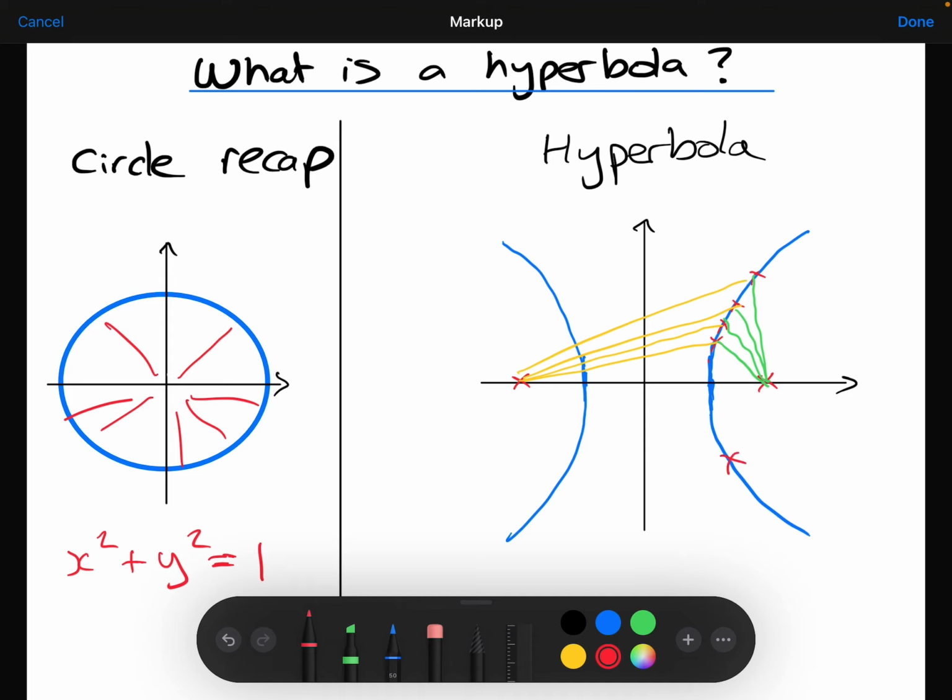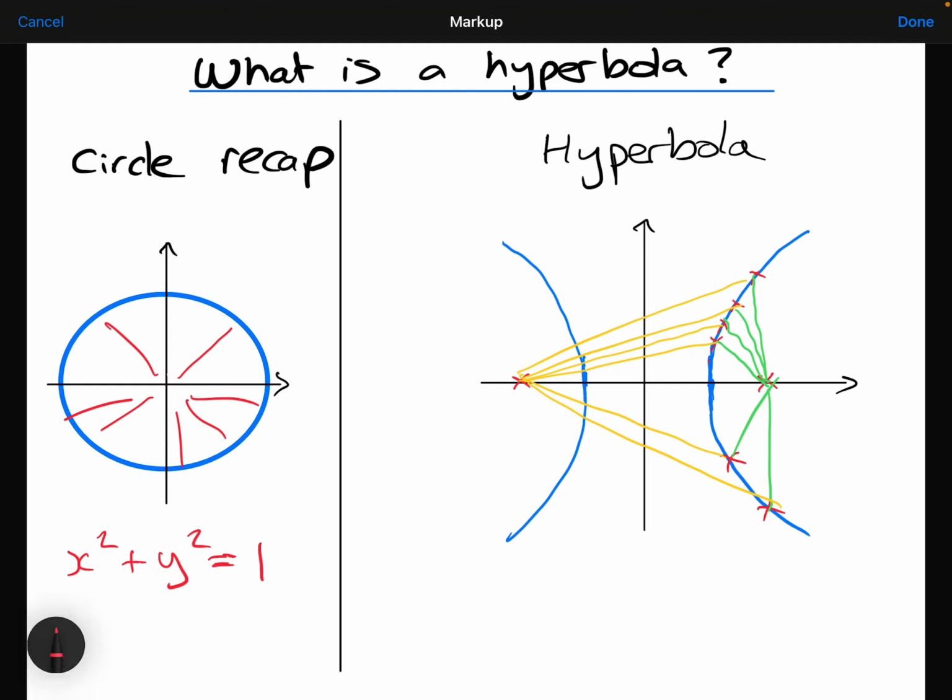Basically, for any point on the hyperbola, the difference in the distances from the foci is constant. So that's how the hyperbola is defined. And if we're talking about the unit hyperbola, then it has the equation x squared minus y squared is 1. So that's what a hyperbola looks like and how it's defined.